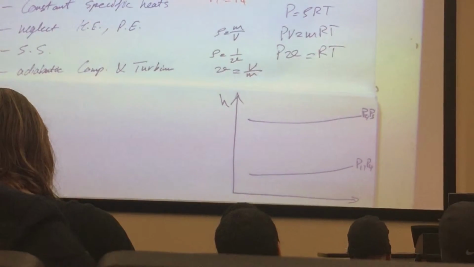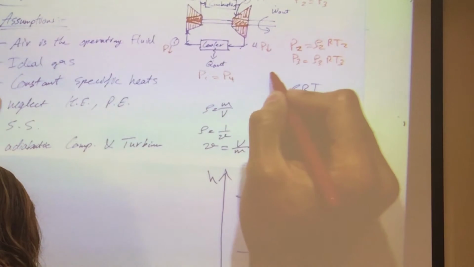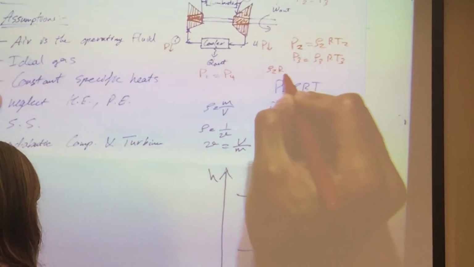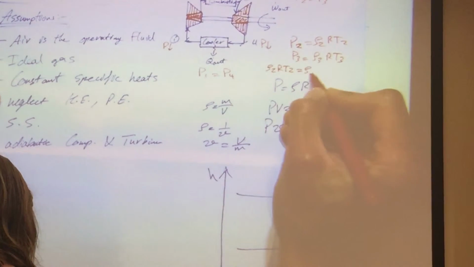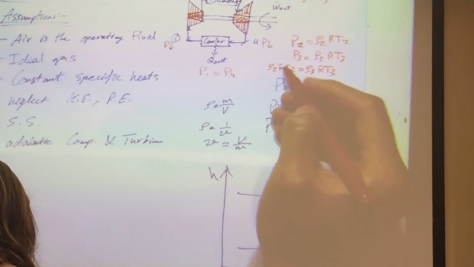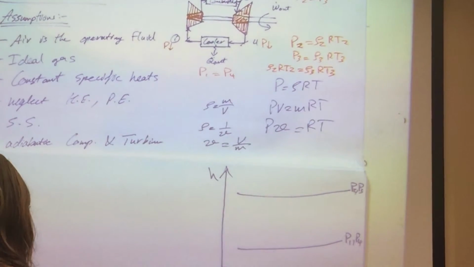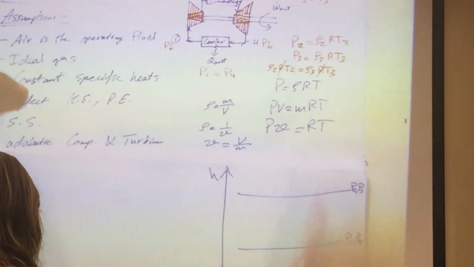But I'm saying they're equal. There is no pressure change. So rho 2 R T2 equals rho 3 R T3. Obviously, R is the gas constant, assuming there's no reactions going on, so my gas is not changing, so I can cancel the gas constant.